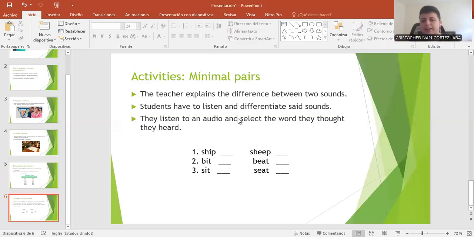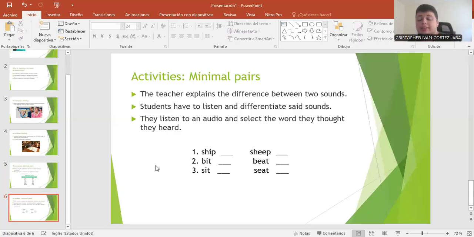So that's kind of the process. They learn about the difference between the sounds, and then they have to complete an activity with those differentiations, like we have here in this activity.